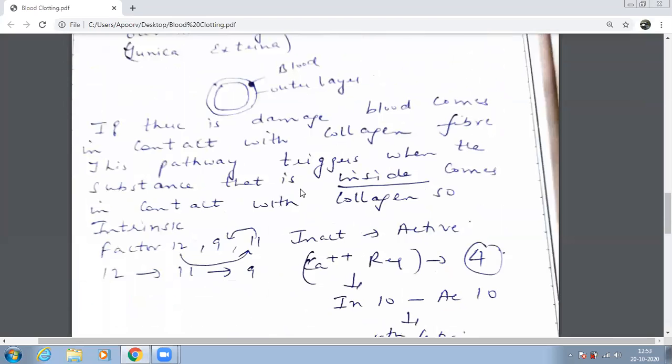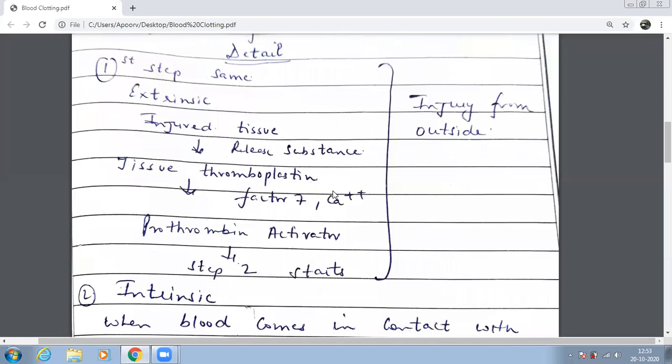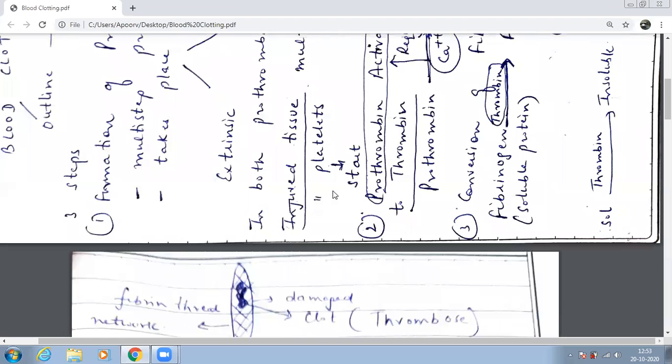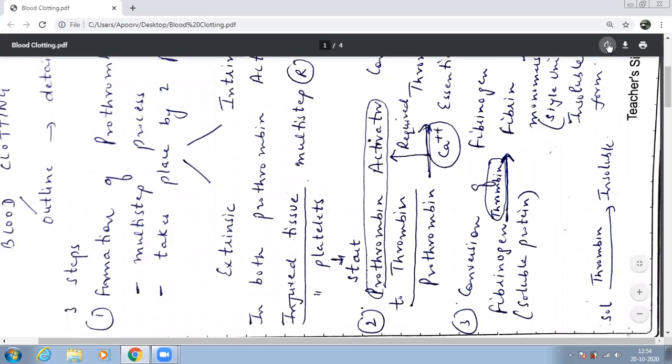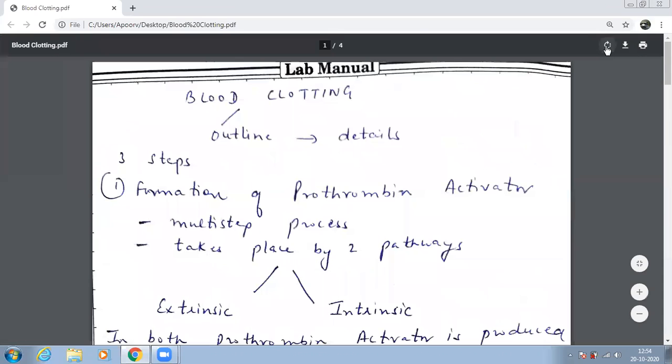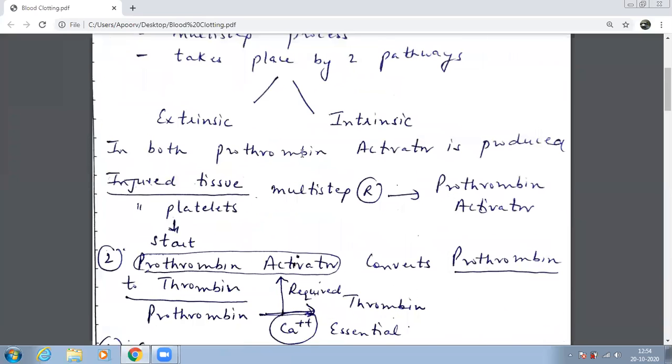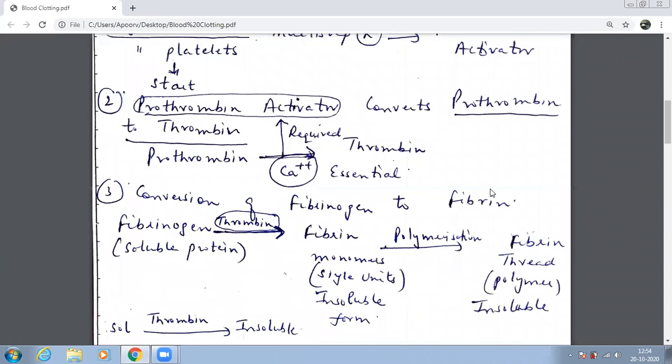So what was the first step in blood clotting, children? When we did it in the beginning in general, the first step was that prothrombin activators were formed. And they were formed by how many pathways? Extrinsic and intrinsic. Whether it is extrinsic or intrinsic, the product you get is prothrombin activator.